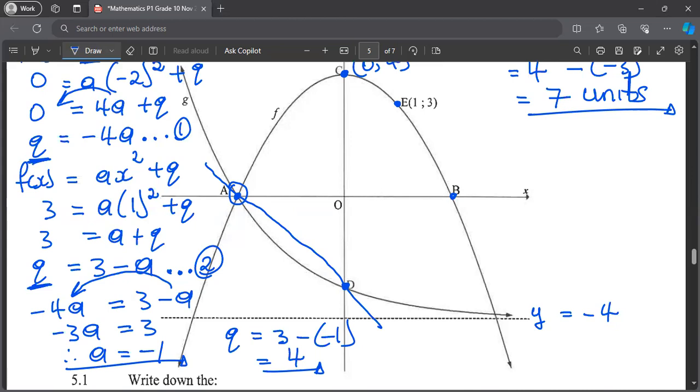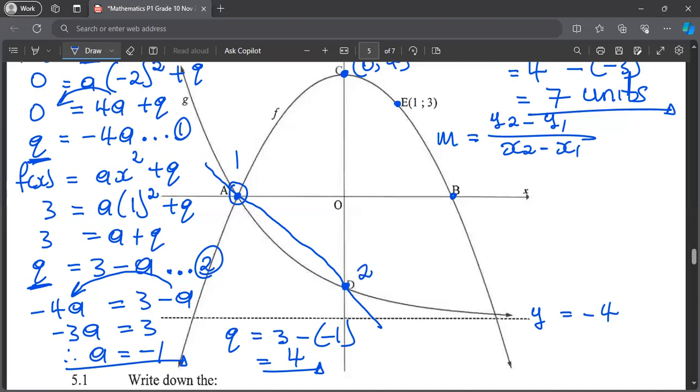Now, let's start first by calculating the gradient. So you'll say the gradient is y2 minus y1 divided by x2 minus x1. Let's say you choose point A to be x1, y1, and point D to be x2, y2.